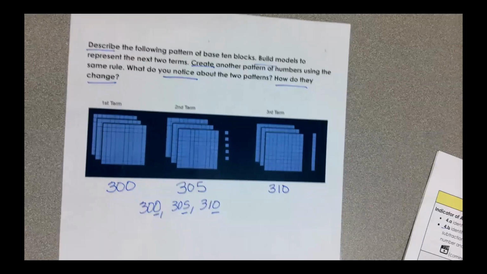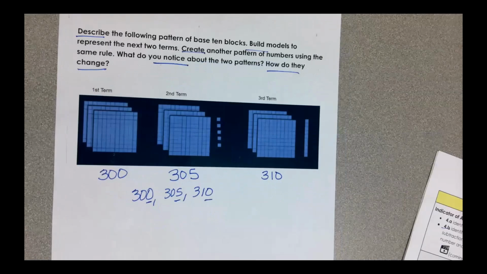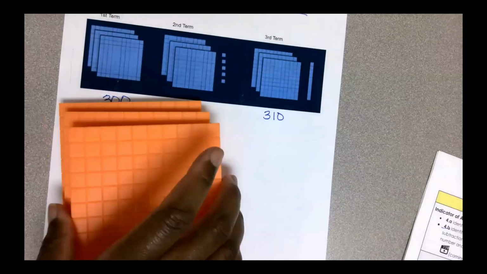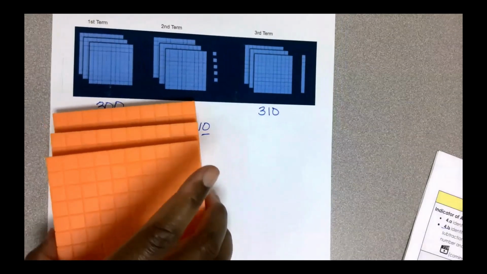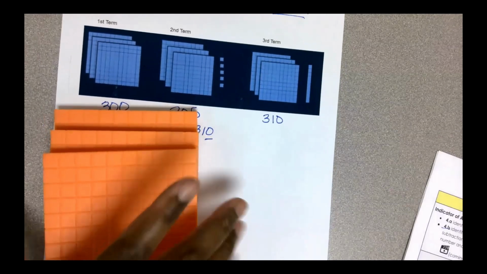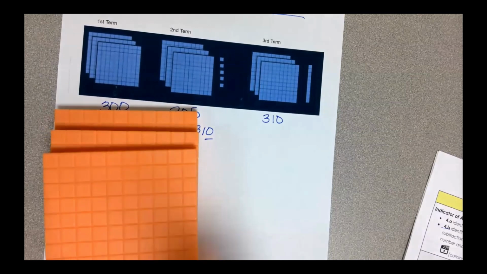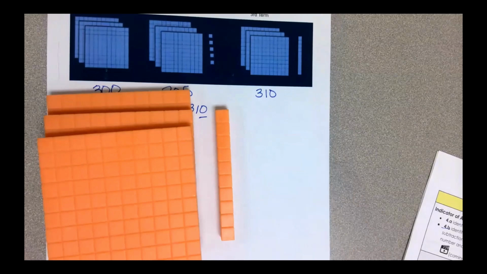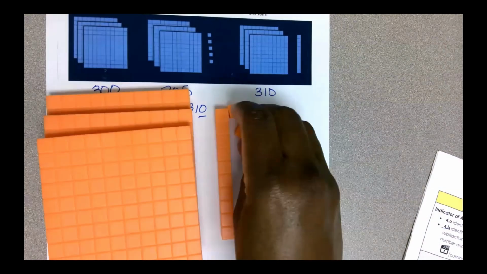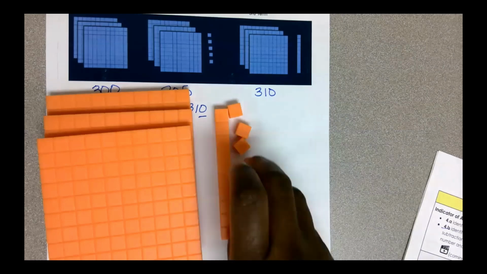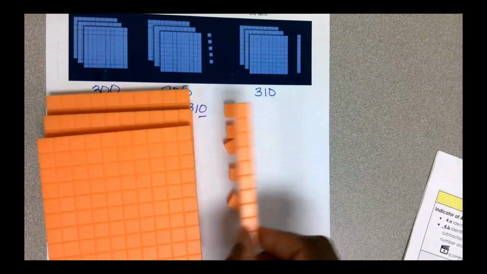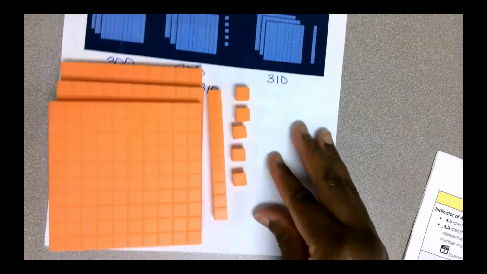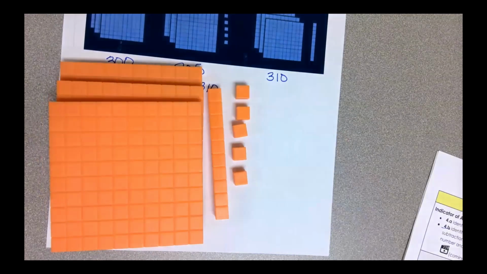Okay, so I'm going to use 3 flats, one rod, and 5 units to represent my 4th term. Okay, so I know that is going to be equal to 310 plus 5.